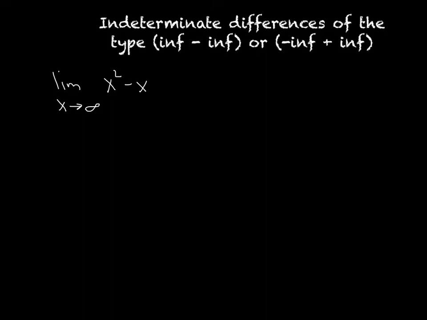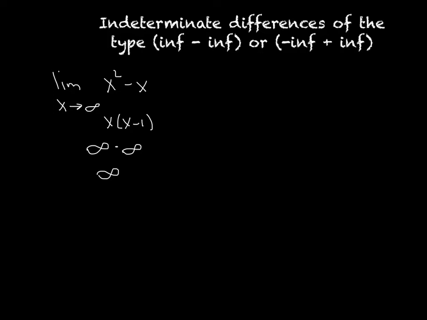It's not 0 because x squared is a bigger function than x when you're squaring numbers. So the answer is really going to be infinity here. If you want, you can factor out an x, and you'll get x times (x minus 1), which ends up being infinity times infinity, which we know is clearly infinity. So that's the answer to that one.